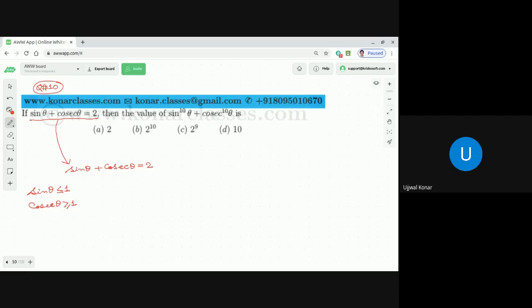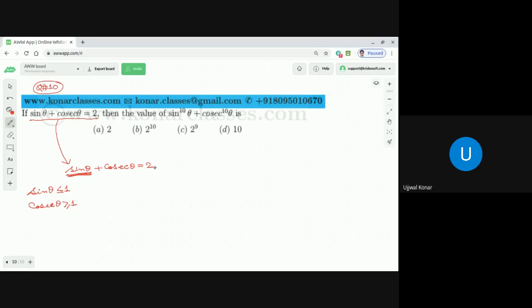Because for all values of theta, sine theta is always less than equal to 1. So if you take sine theta less than 1, then cosec theta has to be greater than 1, and you will not be able to get cosec theta greater than equal to 1 with the sum being 2.